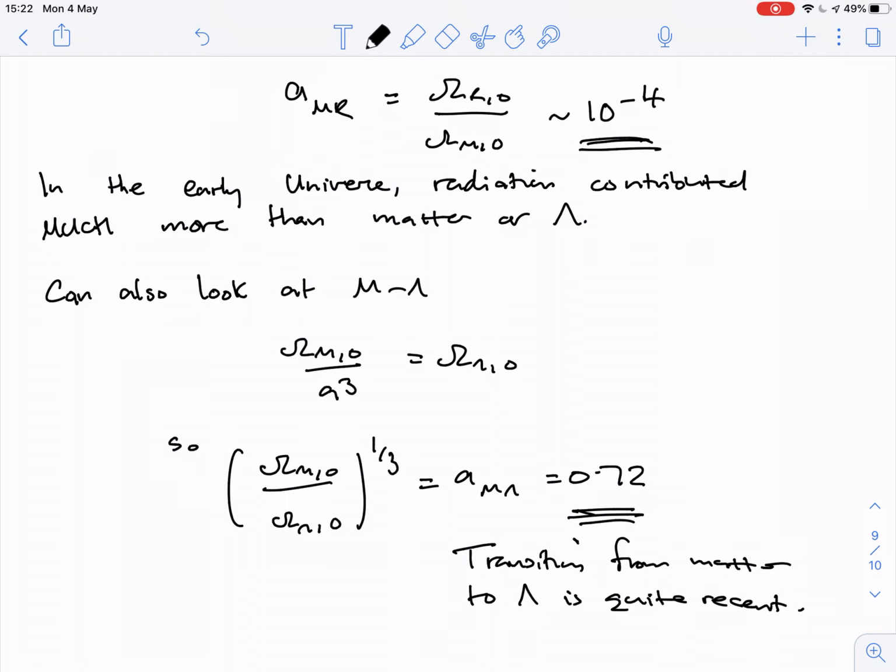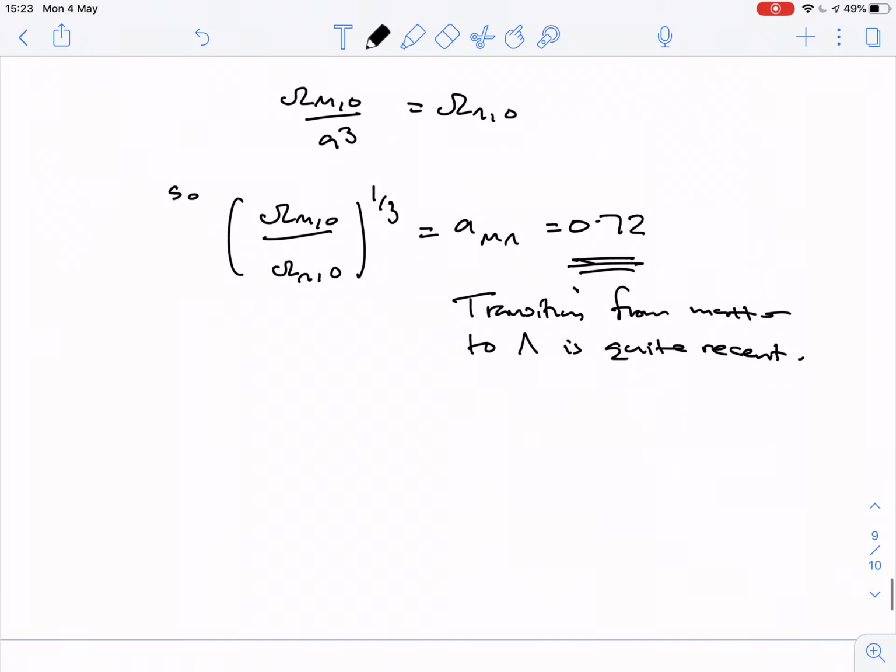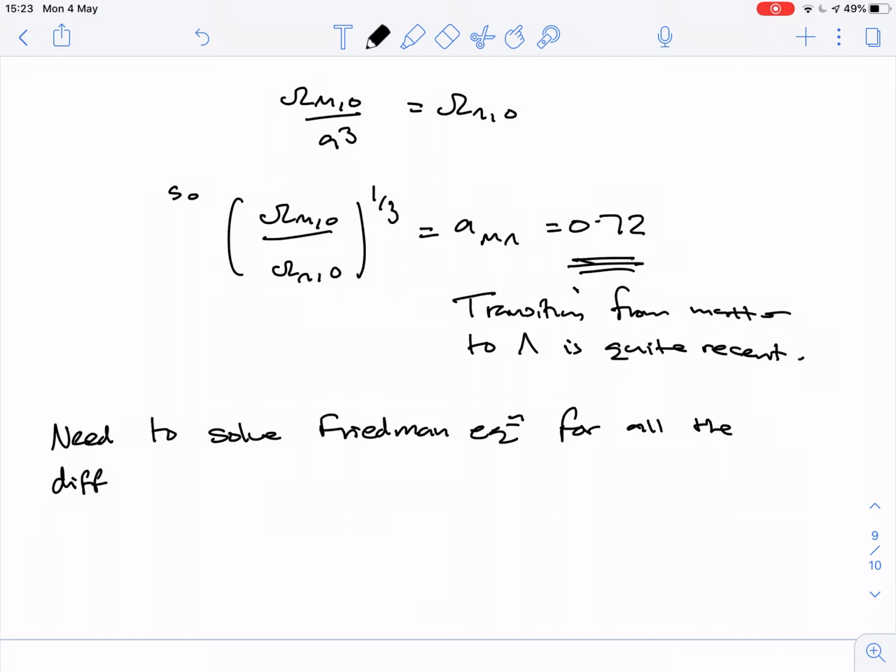In principle, and I do this in the PDF, but you don't need to go through the details of it right now, I need to solve the Friedmann equation for all of these different things. And that means I need to write it down in a form where I can in fact solve it.